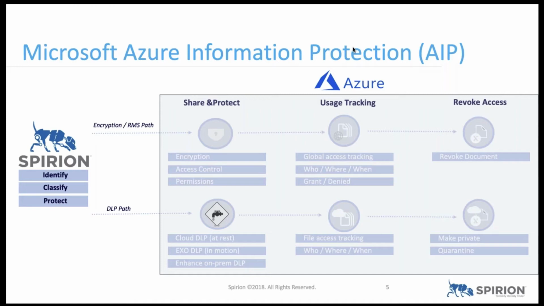And so leveraging the labels from AIP, Spirion can then perform those same protections. And then vice versa, leveraging the Spirion discovery and classification, we can apply that Azure label so that as you then use AIP to protect that information, the two then just work seamlessly together.